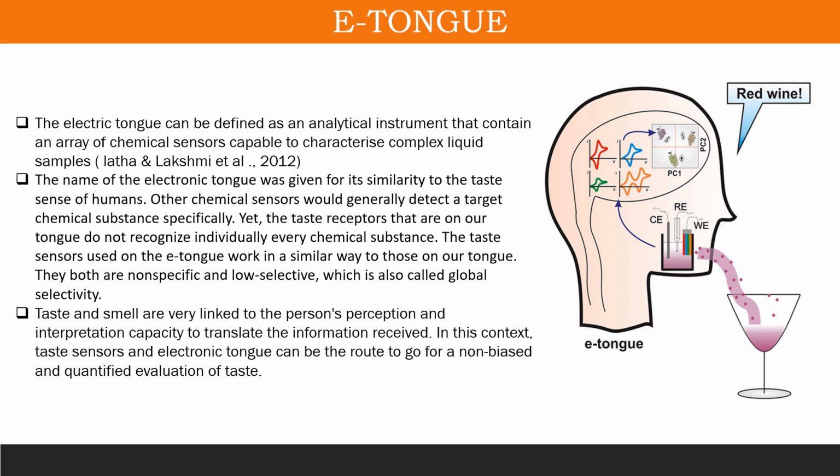Other chemical sensors would generally detect a target chemical substance specifically, yet the taste receptors on our tongue do not recognize individually every chemical substance. The taste sensors used work in a similar way to those on our tongue. They are both non-specific and low selective, which is also called global selectivity.